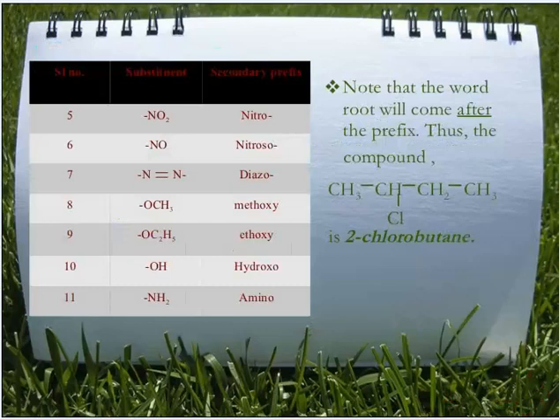NO2 is nitro, NO is nitroso, N double bond N, diazo, OCH3, methoxy, OC2H5, ethoxy, OH, hydroxy, NH2, amino. For example, 2-chlorobutane. Note that the word root will come after the prefixes.